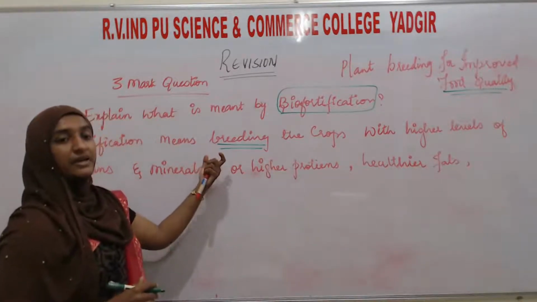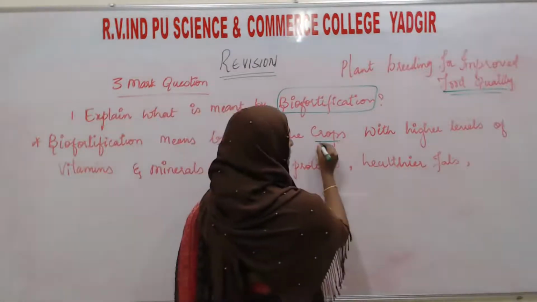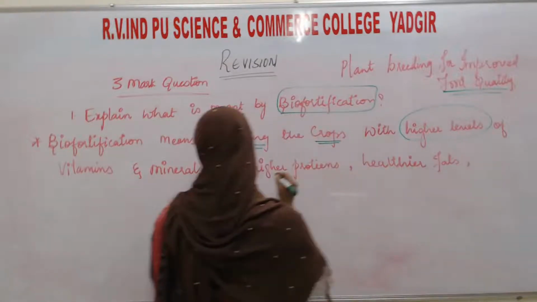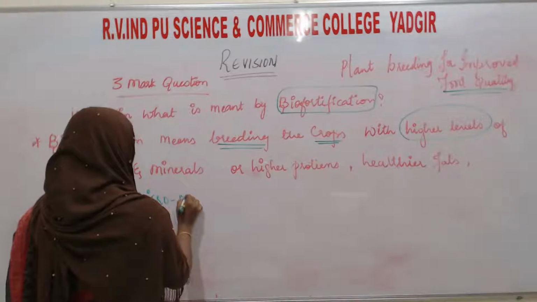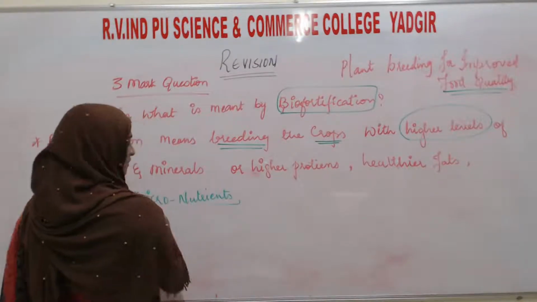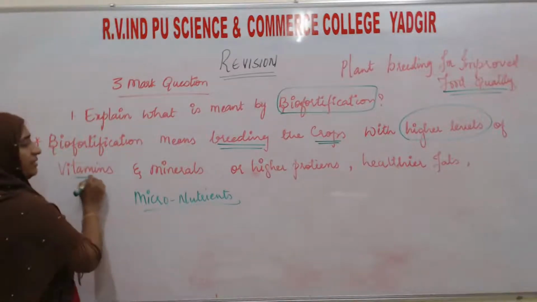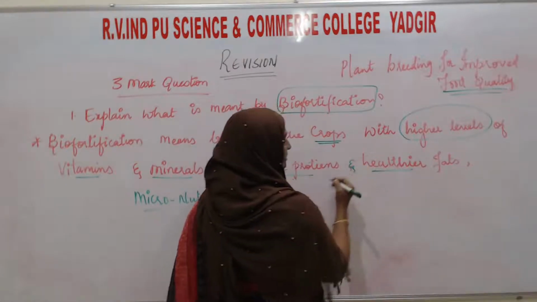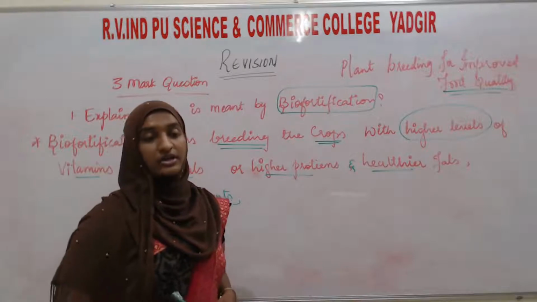Plant breeding. Through the plant breeding technique, they breed the crops with higher levels of micronutrients, which are required in minute quantities, such as vitamins, minerals, higher proteins and healthier fats. So that is known as biofortification.